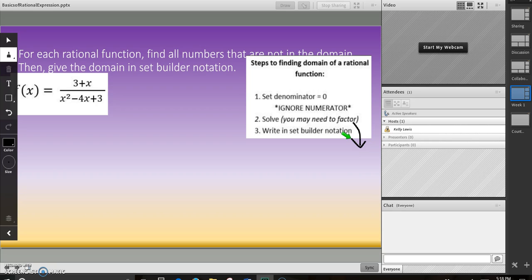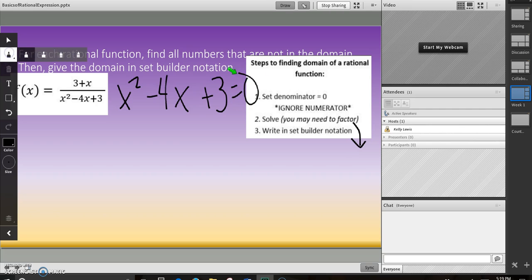Okay. So we're going to set the denominator equal to 0. Whoops, let's get the right marker. x squared minus 4x plus 3. Now remember, when you have an x squared and an x, and you set it equal to 0, you need to factor it.